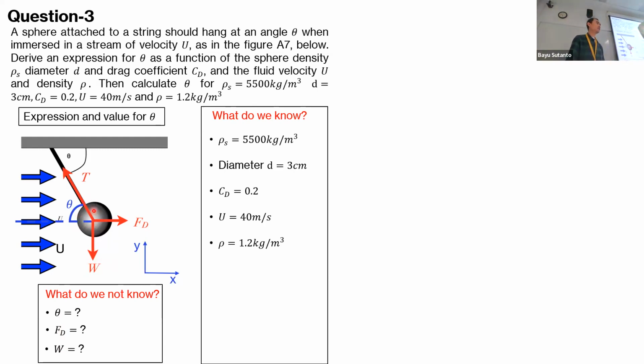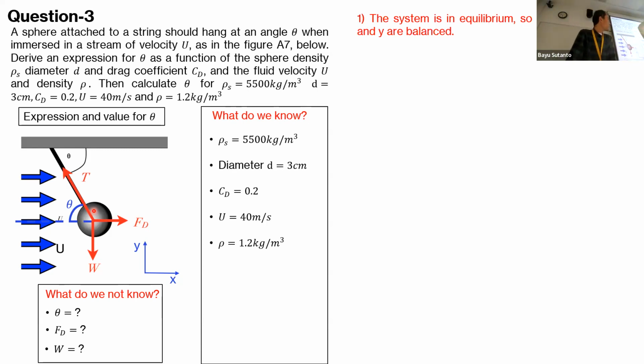So this is the free body diagram. I think you are already familiar that if we have a lot of forces applied in our case, we can apply a free body diagram. First, we have the drag force, the weight coming from the sphere, and the tension of the string that keeps the system balanced, because it is not moving anywhere, so it must be in balance.